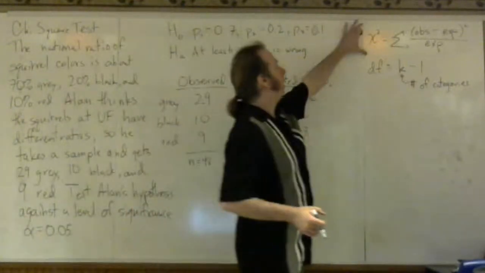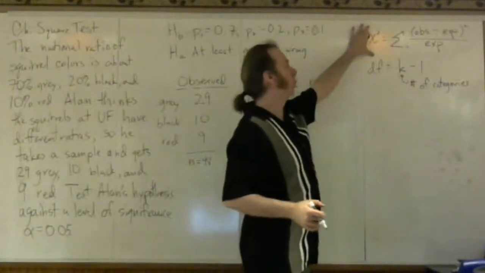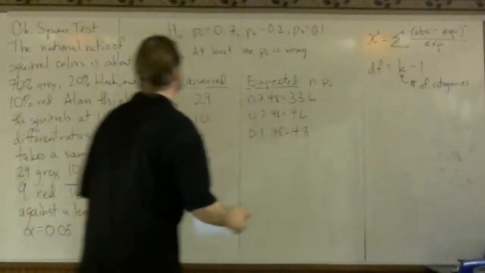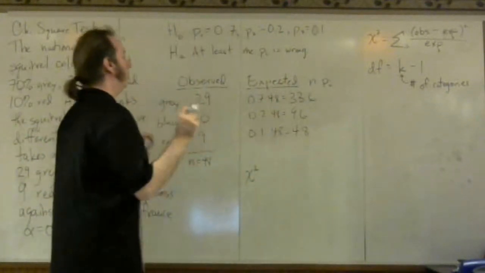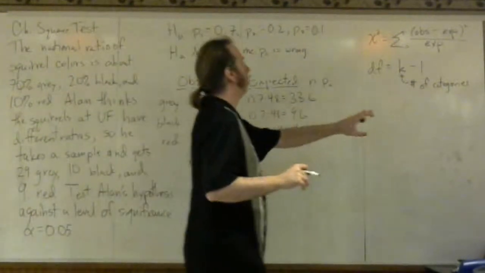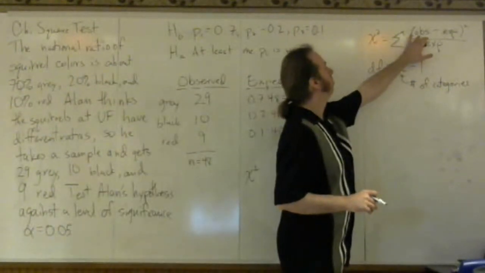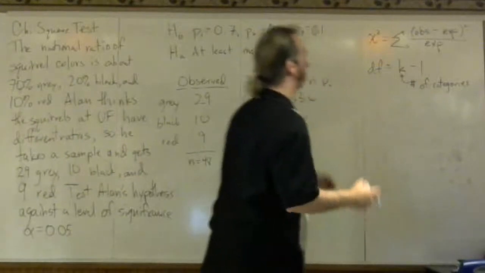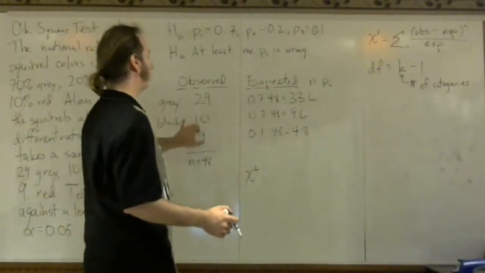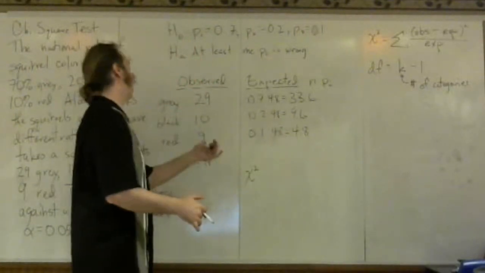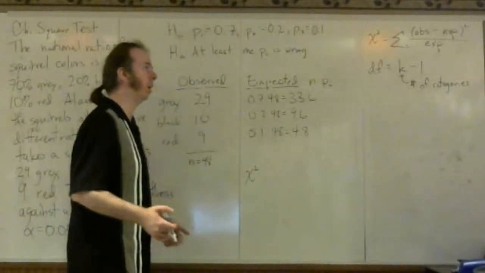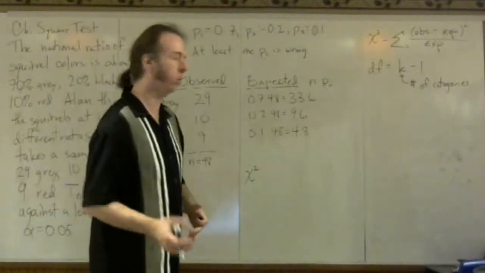So now we can actually figure out this chi-squared statistic. To do that, we're taking the difference between the observed and the expected values for each category. We're squaring that difference, dividing by whatever that expected value was, and then we add all of those together.